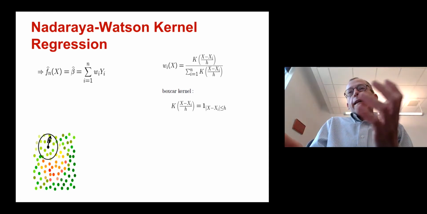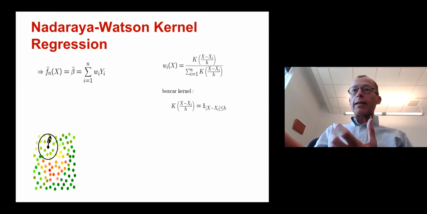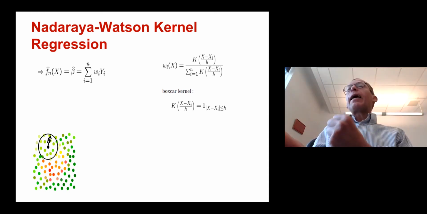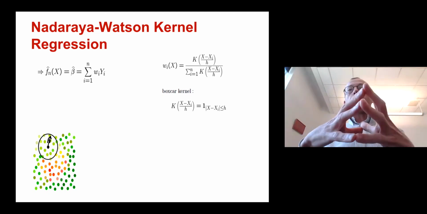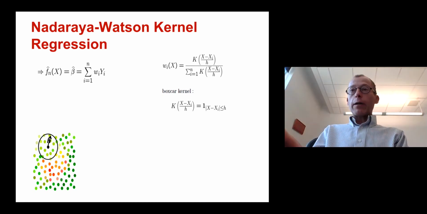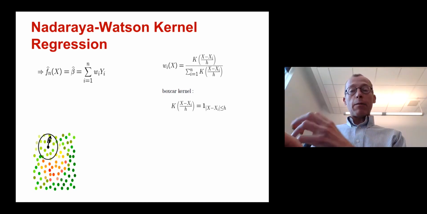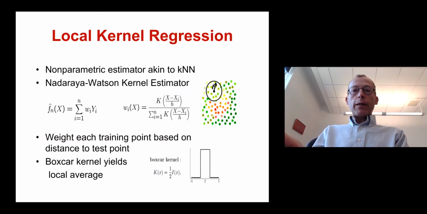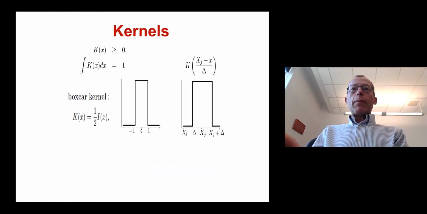In fact, the kernel is completely up to you to decide, as you will see. Both KNN and boxcar define 1 for things that are in and 0 for things that are out. That's not the only way to do it. When we look at continuous values, we can do something even better than that. So this is the box kernel, but there are different ways of doing this.